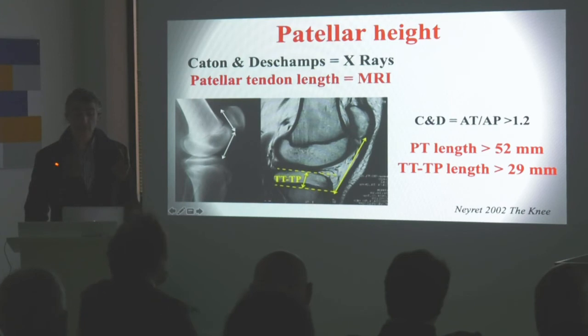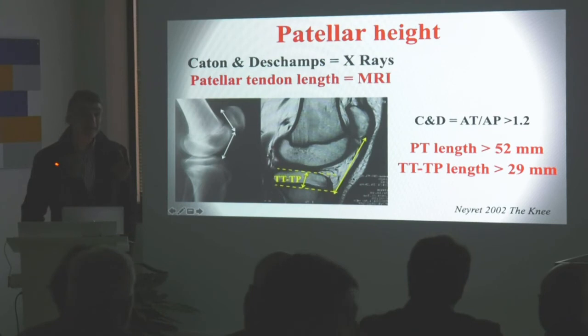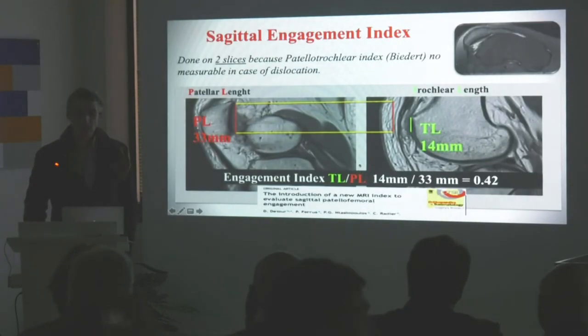The insertion of the patella is always the same, and when you have a patella alta, you have a long patellar tendon, more than 52 millimeters. So this is the abnormality of a patella alta.